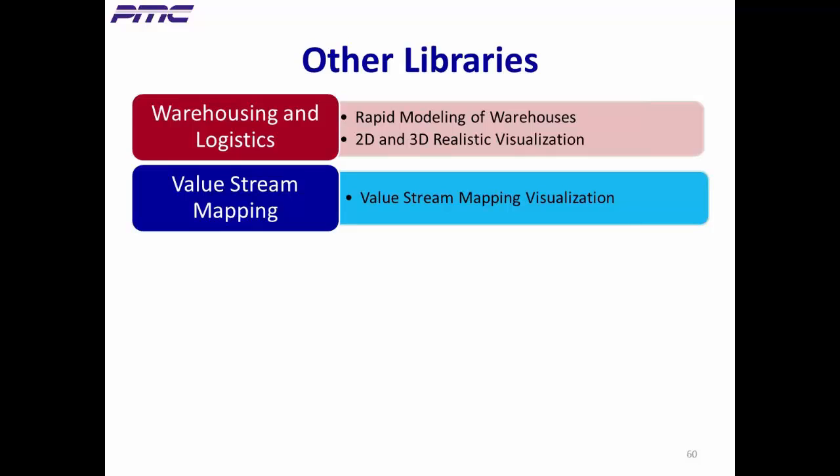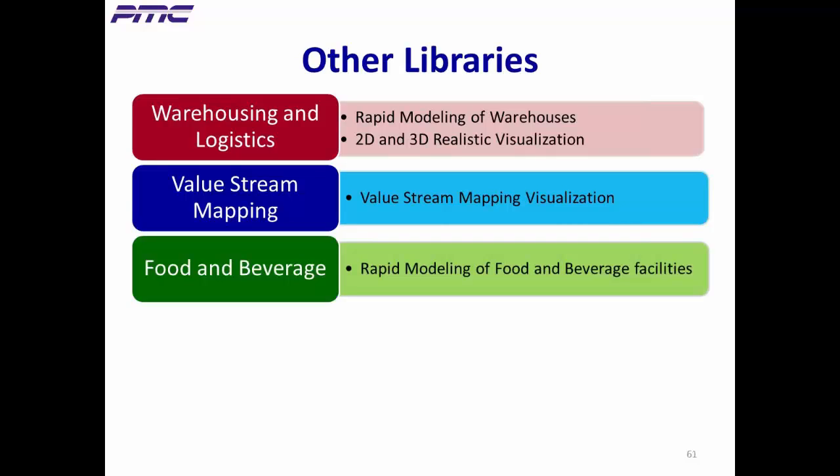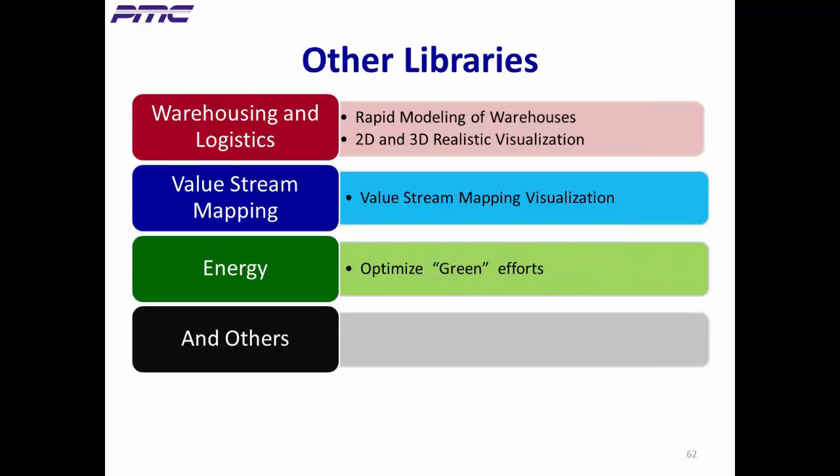The value stream mapping library lets you build, visualize, and analyze your process in value stream mapping format. The food and beverage library provides numerous objects that slash the time required to build a food and beverage simulation model. Visualization includes informative icons that show the state of an object, like how full a tank is. Other libraries are also available that provide specialized tools.